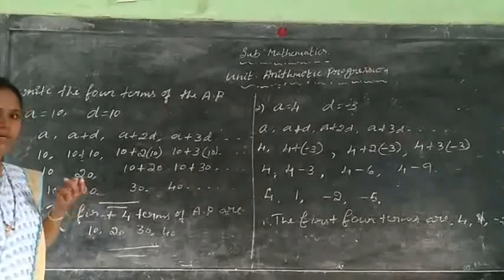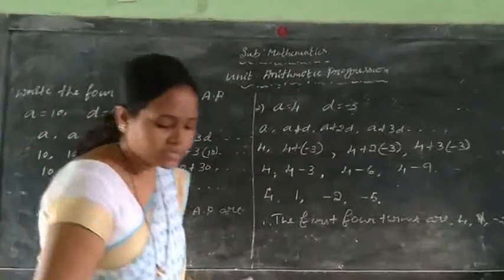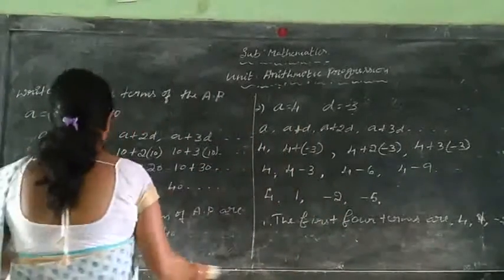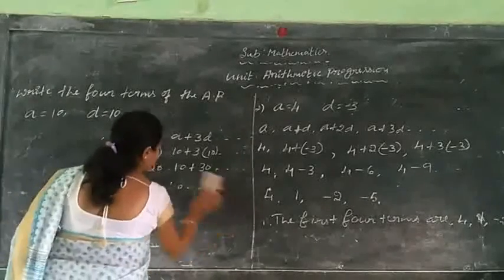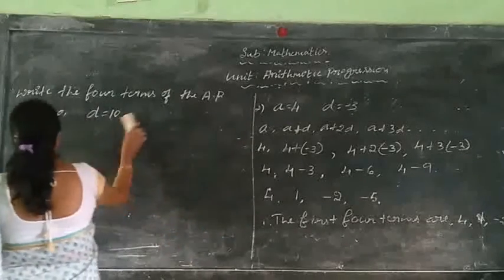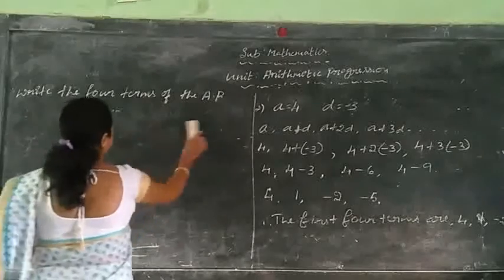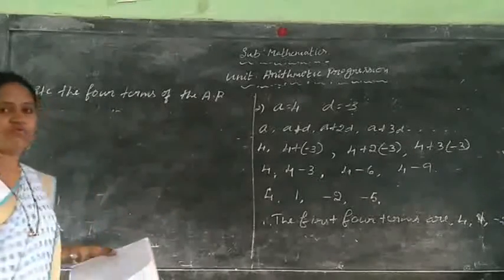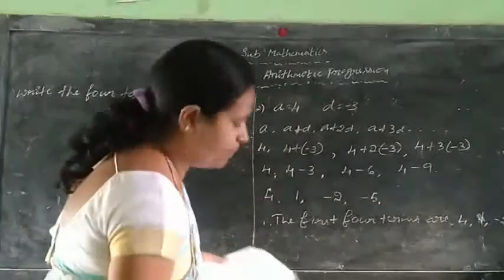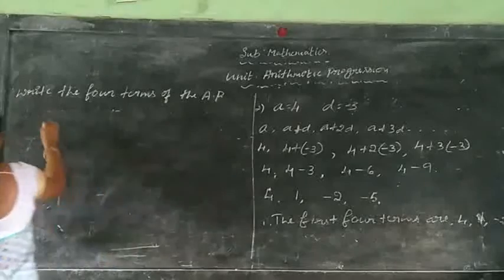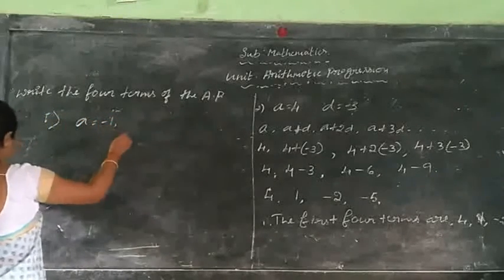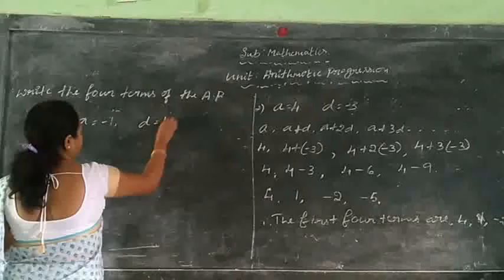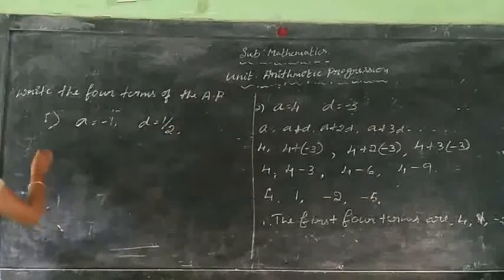Okay, shall I give some exam homework problems, children? Yes, write down. Write the first 4 terms of AP. First one, when A is equal to minus 1 and D is equal to 1 by 2.